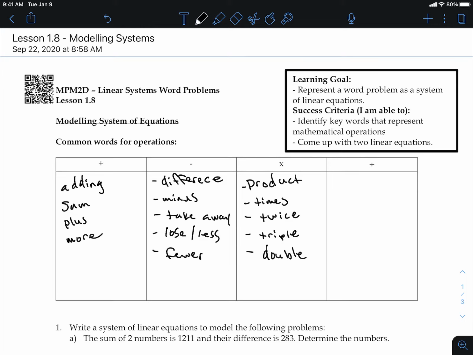Okay. What about division? Division will be the last one. You could have something like the phrase a fraction of.